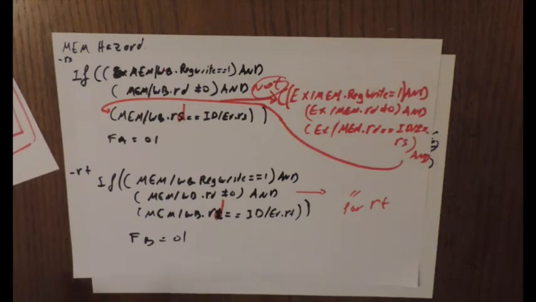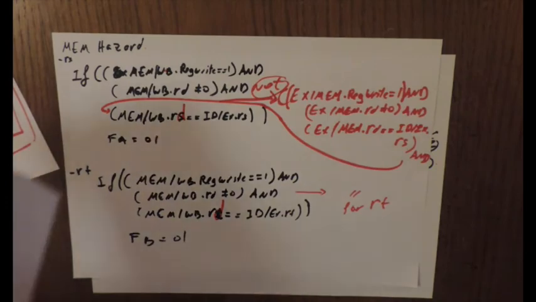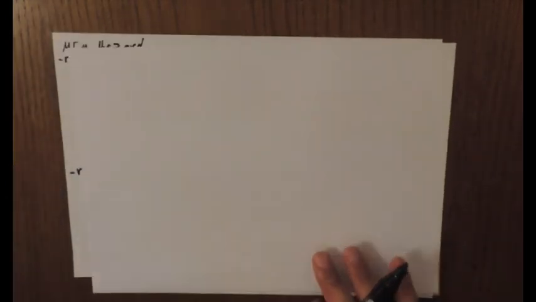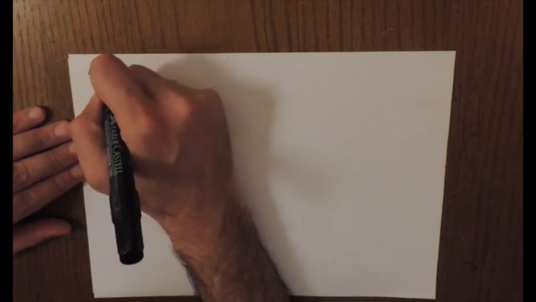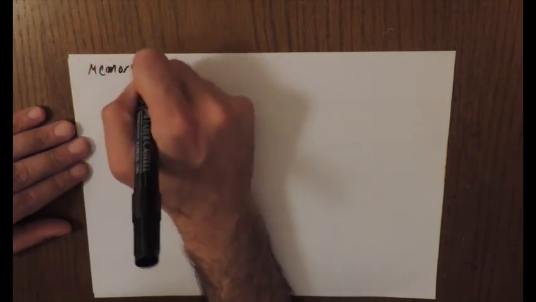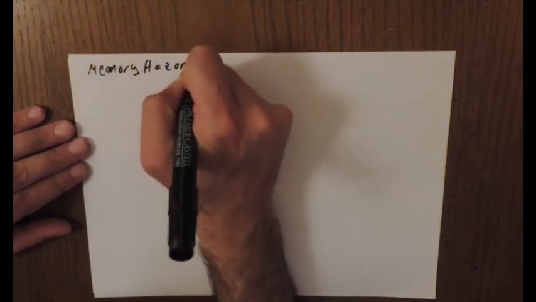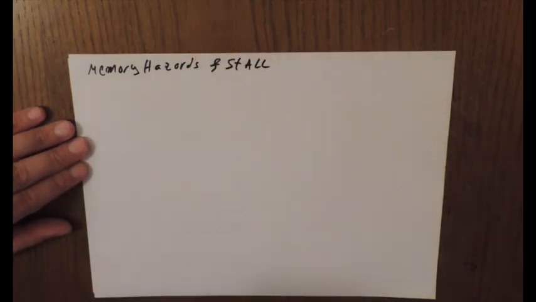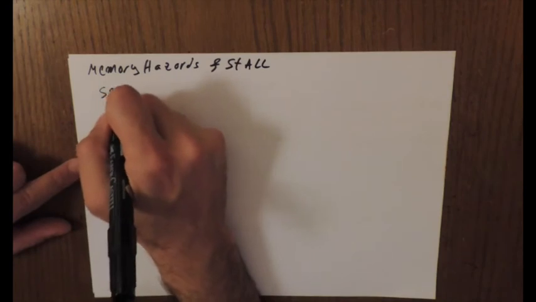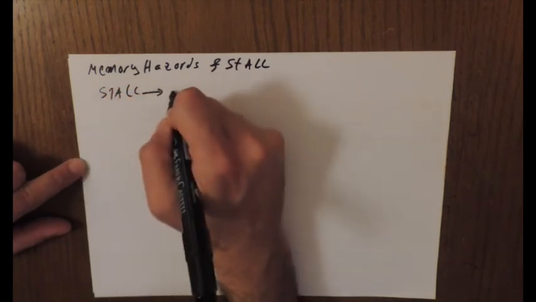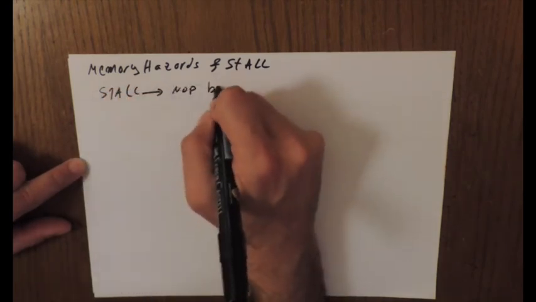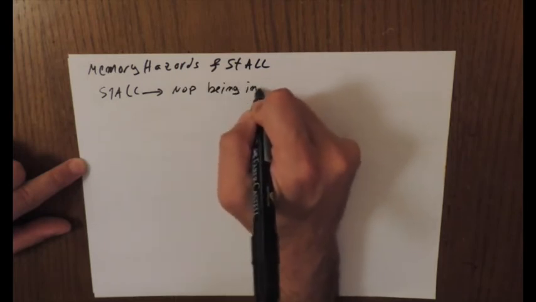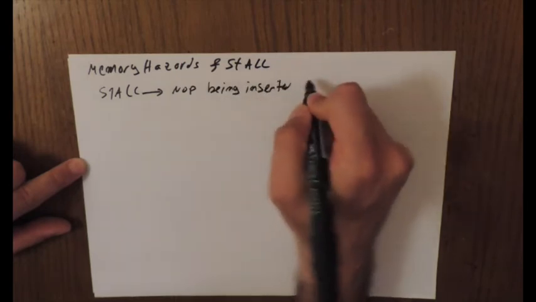So we didn't talk about how a stall is inserted. In this case, let's talk about memory hazards and stall. A stall is translated into a no operation being inserted in the pipeline.